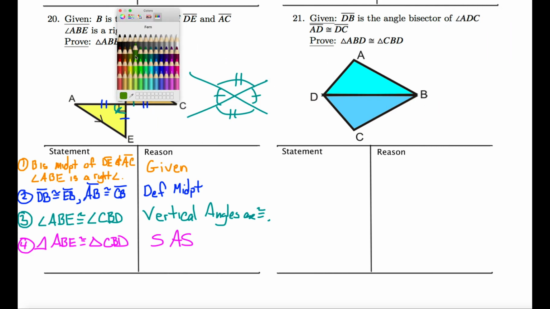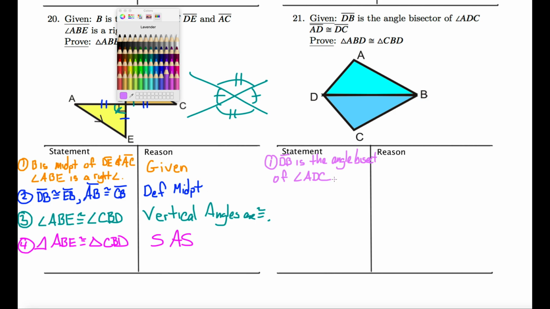And let's do lavender. Number one. So I'm going to write segment DB is the angle bisector of angle ADC.